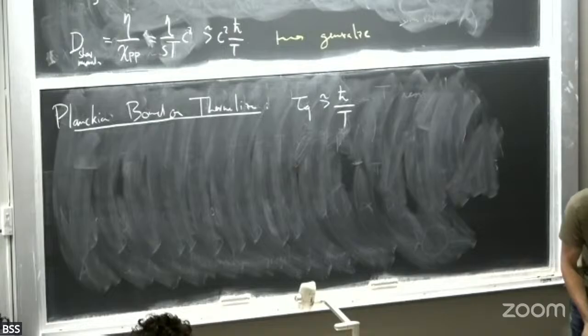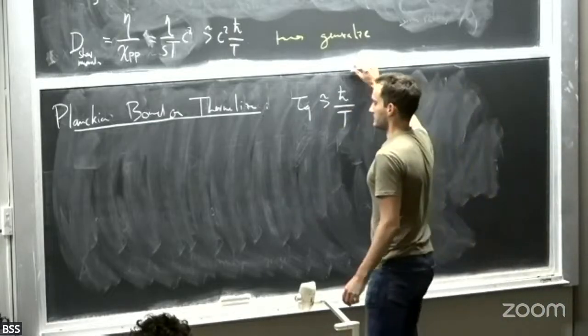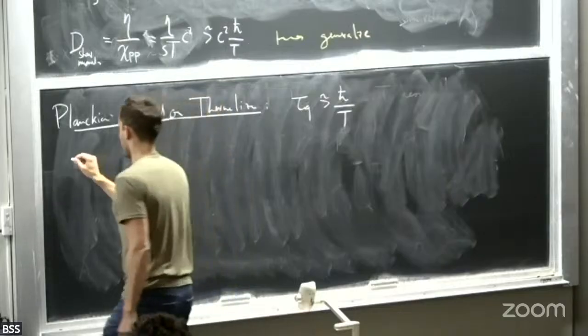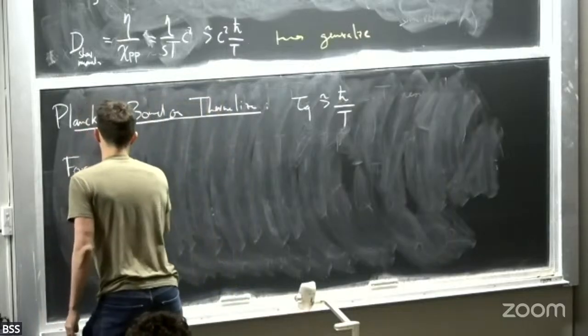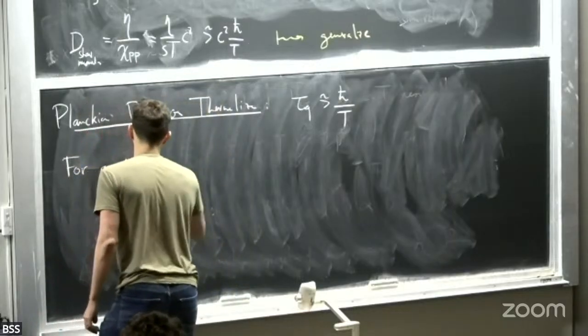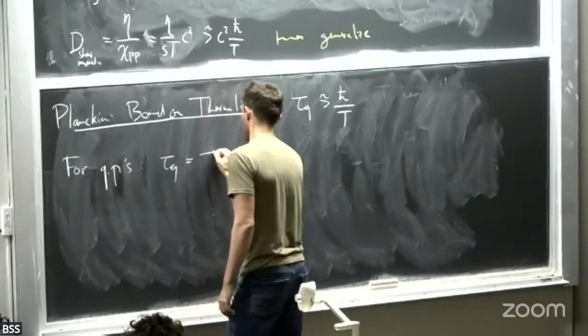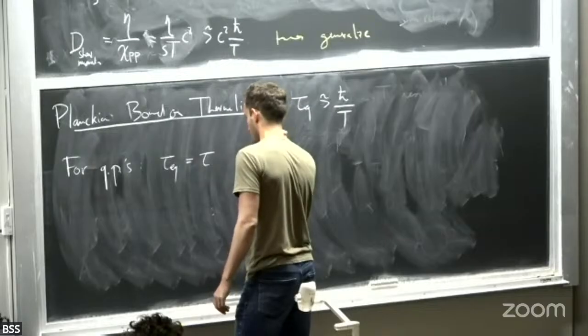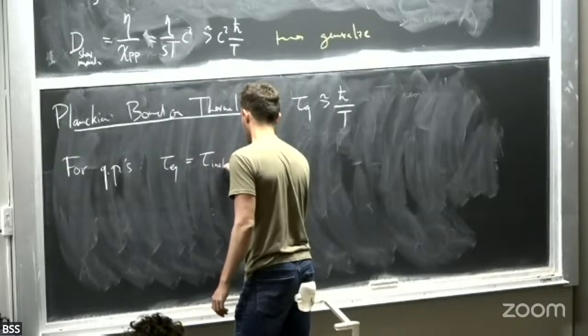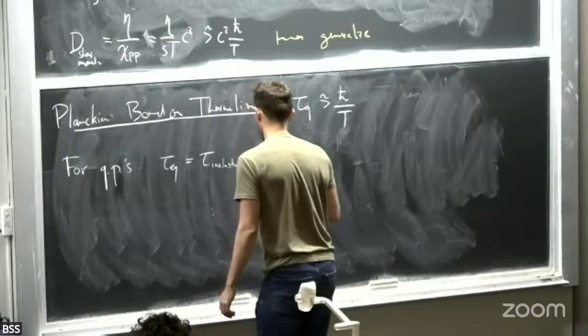Okay. So let's first think about how to define this time scale. De Banjan already talked about situations with quasi-particles, where a good definition of this time scale is the time scale of inelastic scattering.